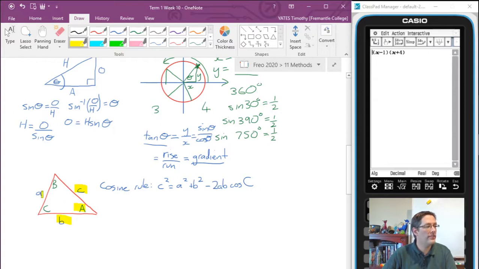Or if we know the three sides, we can work out the corresponding angle that we've got there. Actually, let's highlight these properly because it's got a, b, c, and we've got angle C. So if we happen to know two sides and the angle between them, then we can use the cosine rule there. Or if we know three sides, we can use the cosine rule as well. Yeah, so that's that one. Then we've got the sine rule.